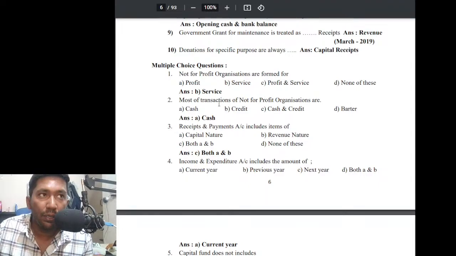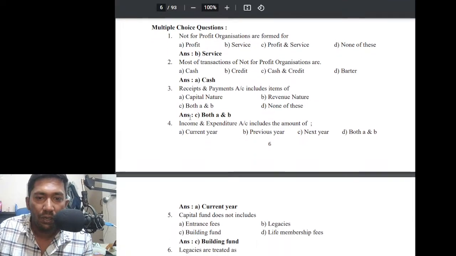They don't carry on credit basis, they don't carry on barter system. It is only cash because it's a not-for-profit organization, so you cannot give any credit there. Understood? Here you are not dealing with any commercial product and services, so here no credit, no barter system will work out. Here only cash will work out.